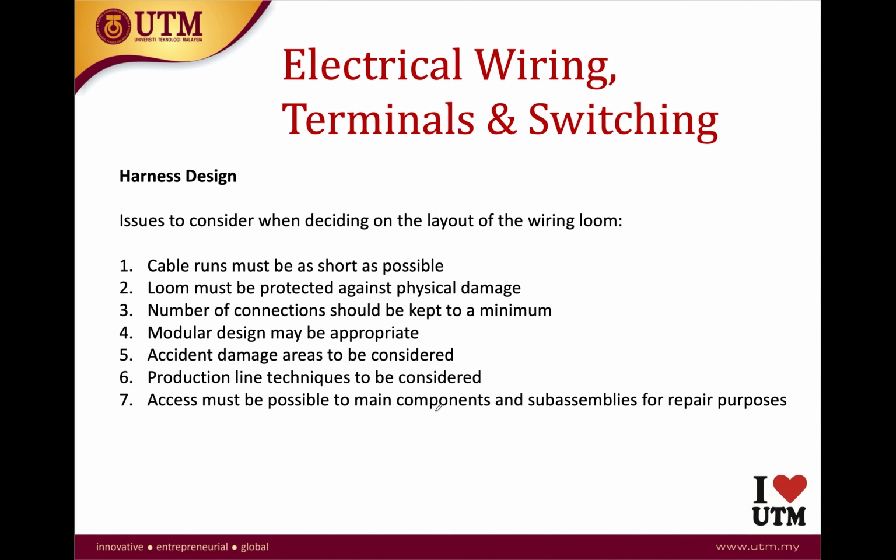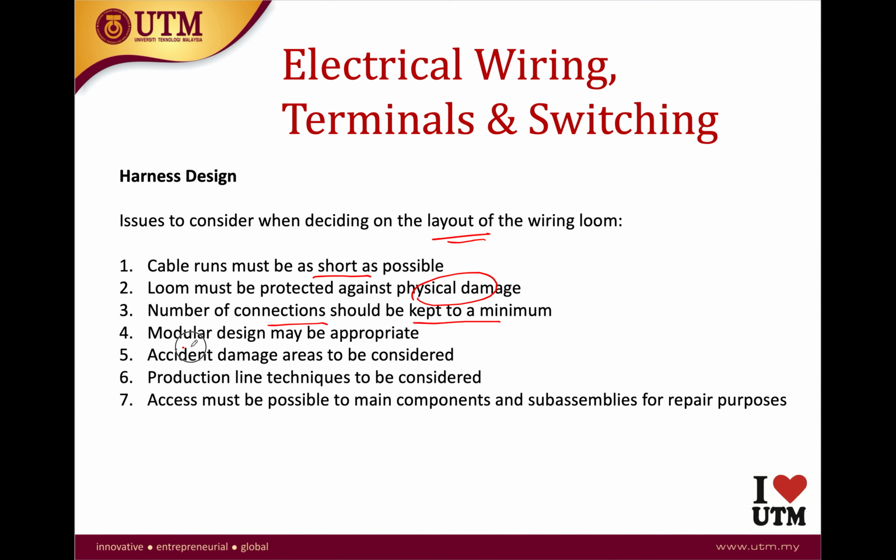When you talk about harness design, the issues commonly faced would be the layout of the wiring loom. Cable wires need to be run as short as possible so that you can reduce unnecessary voltage drops. The loom must be protected against physical damage, and the number of connections should be kept to a minimum.